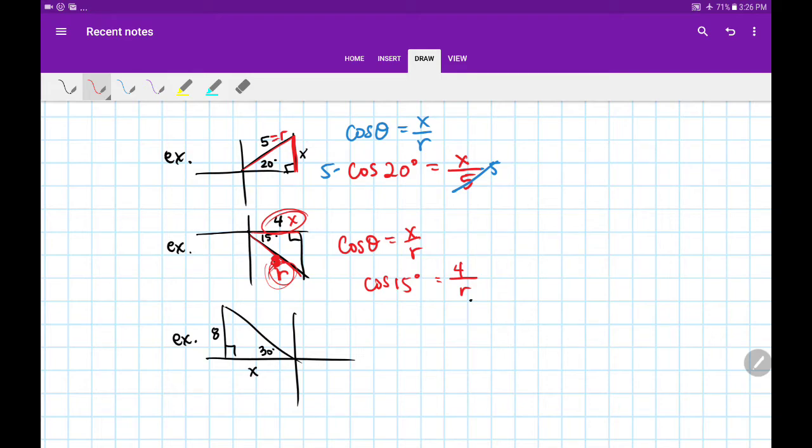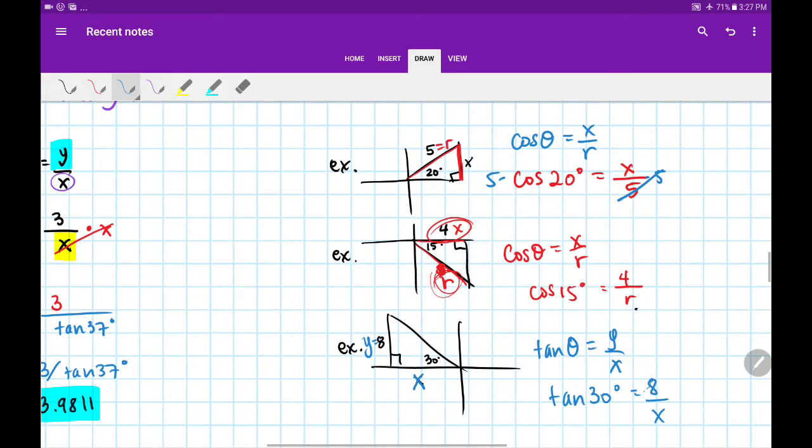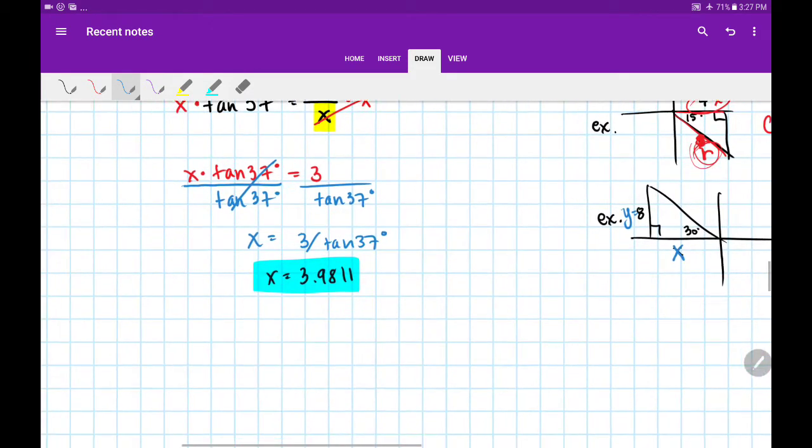And then in this last example, I'm asked to solve for x, and I'm given y. So the one that uses x and y, if you recall, is tangent theta, because it's y over x. So you'll say tangent of 30 degrees equals y, which is 8 over x. That's what I mean by select the correct relationship. Look at what you're given, what you need to solve for, and then choose the trig ratio that has the right letters that match.